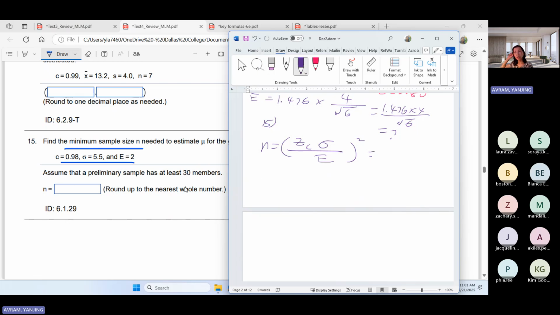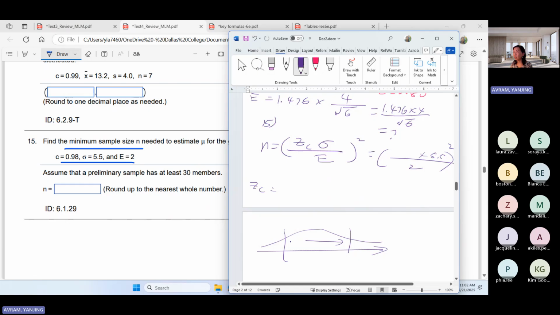So how do you find the z sub C? You will have to use C is 98%, and sigma is already given to you. Sigma is 5.5. E here is 2, right? So the key thing here is you have to find the z sub C. The confidence interval C is always in the middle.